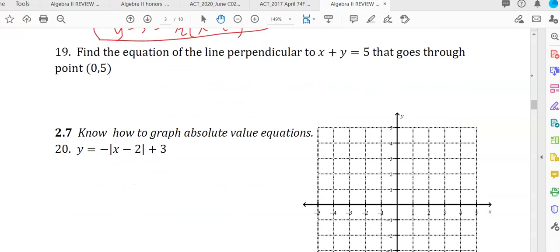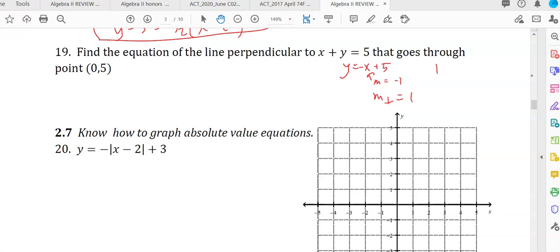Find the equation of the line perpendicular to that one. So this one would be y equals -x plus 5. So the slope of this one, m equals -1. So the slope of the perpendicular would be the opposite reciprocal. So I flip it, that's just -1, and I change the sign to +1.